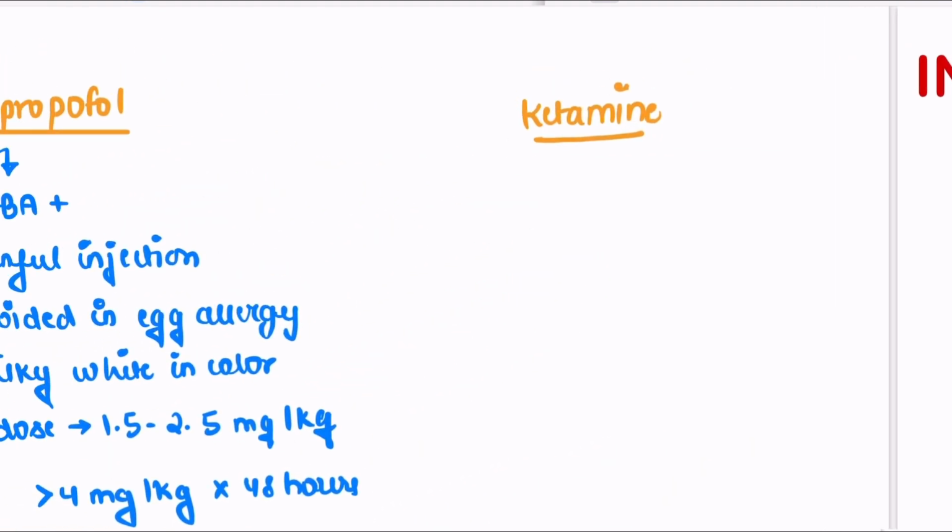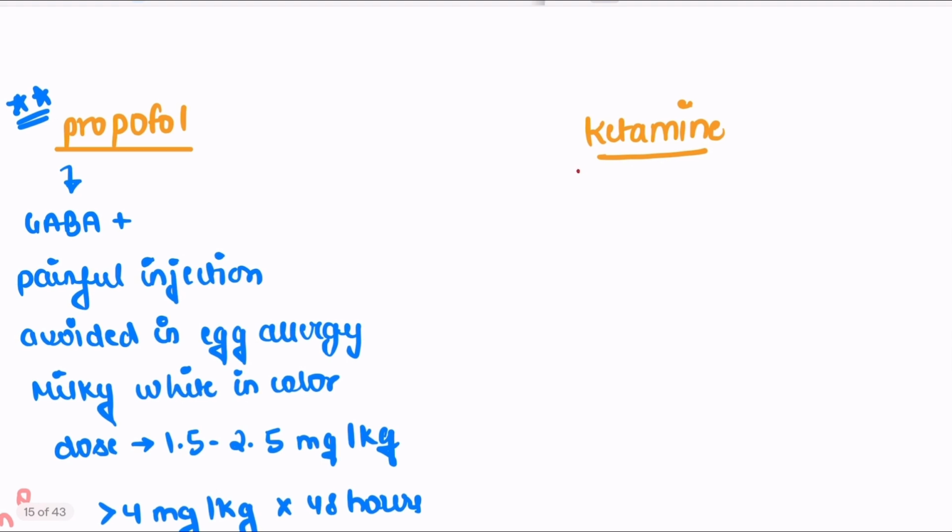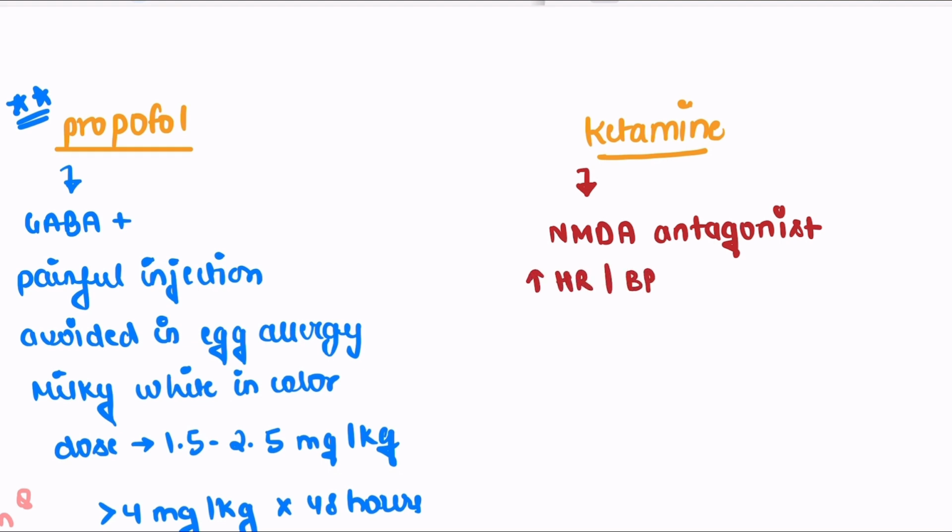The next drug in this category is ketamine. Ketamine is the only drug in this category which acts by NMDA antagonism. It increases the heart rate, the blood pressure, the intracranial pressure, and the intraocular pressure. All the pressures are increased by ketamine.